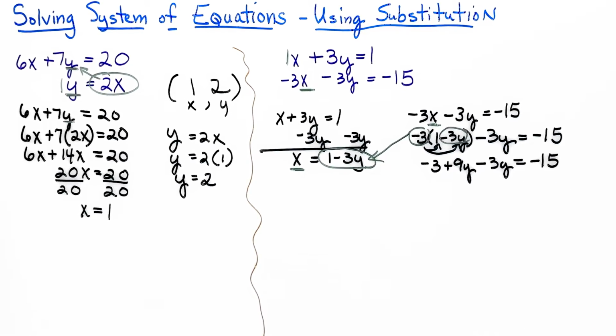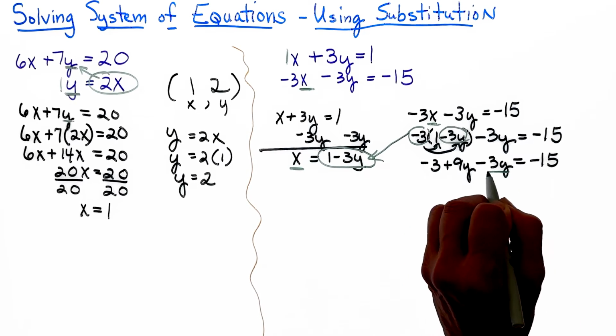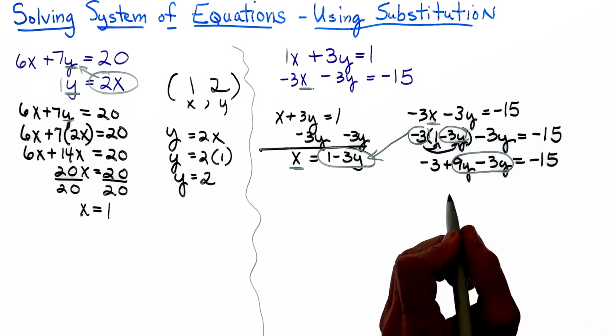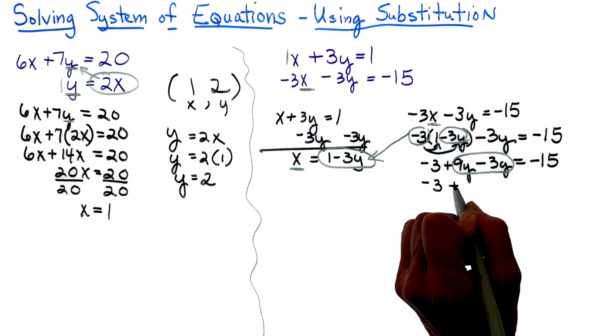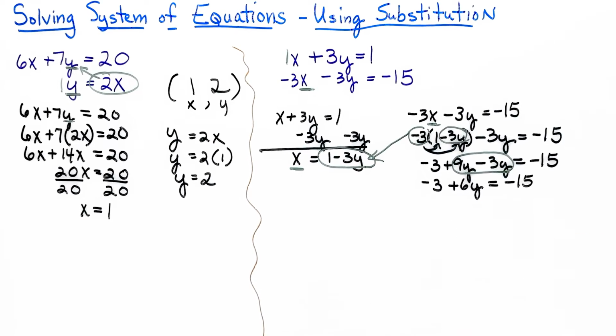Now we're just going to solve the equation like we know how to do. You're an expert by now at solving equations if you're solving a system of equations. So I'm going to put those y's together, and I get a negative 3 plus a 6y equals a negative 15.